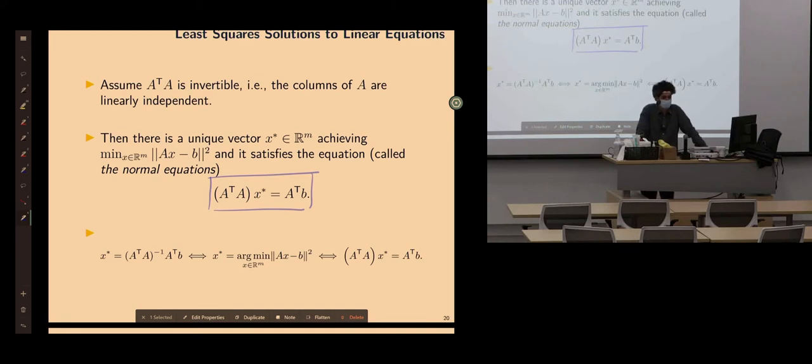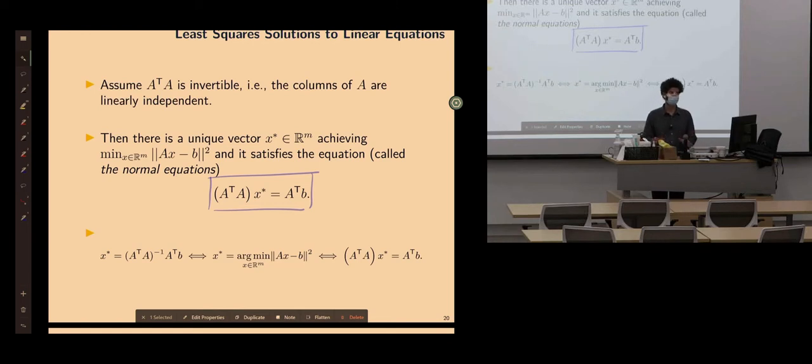It's called the normal equations. We have not built enough tools to talk about why it's called normal equations, but that's what it's called. So A transpose A times x, our solution, equals A transpose b.